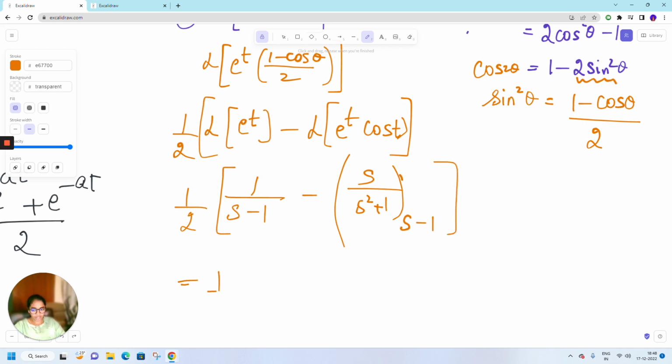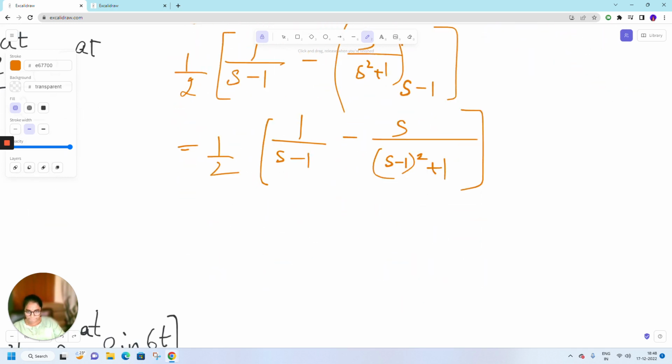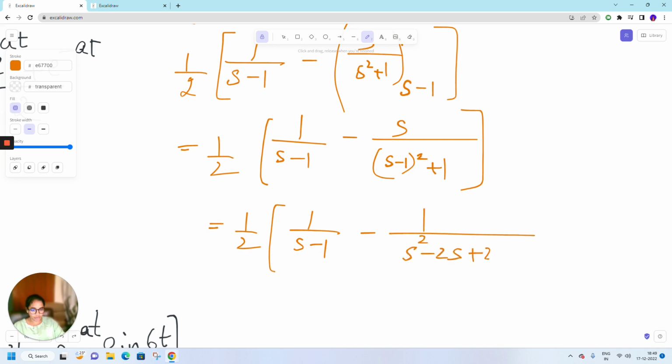Okay, so I would get half into 1 divided by s minus 1 minus s minus 1 divided by s minus 1 the whole square plus 1. Now let me try simplifying this. That would be, yes, 1 divided by s minus 1 minus 1 divided by s square minus 2s plus 2.